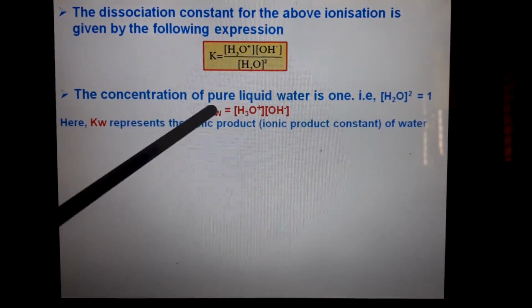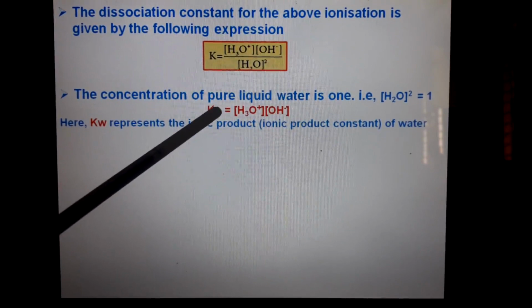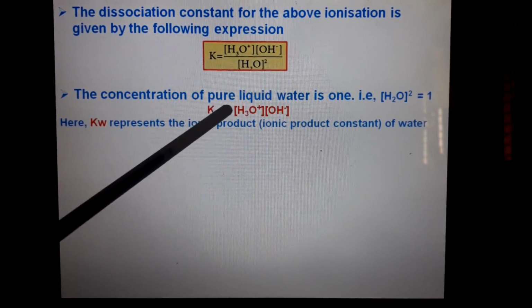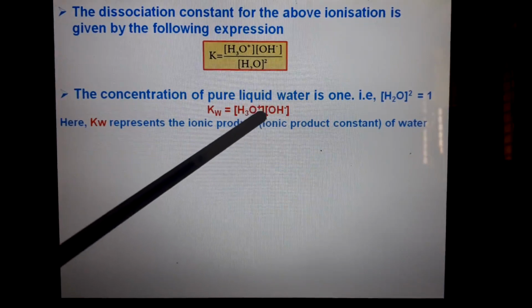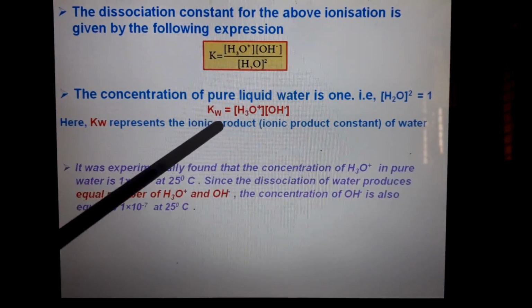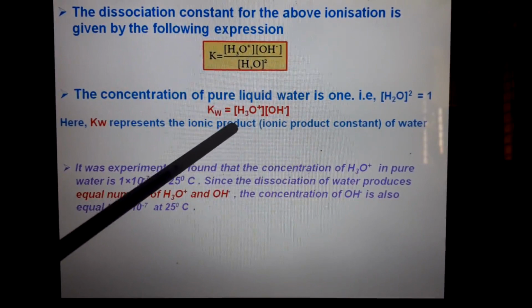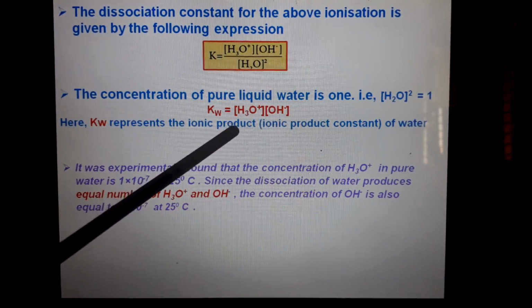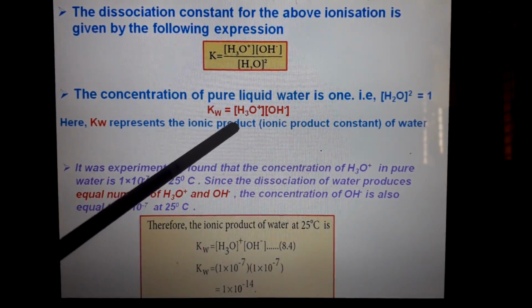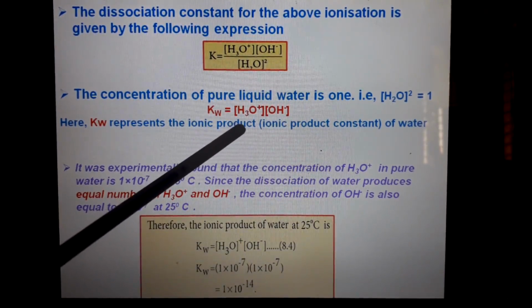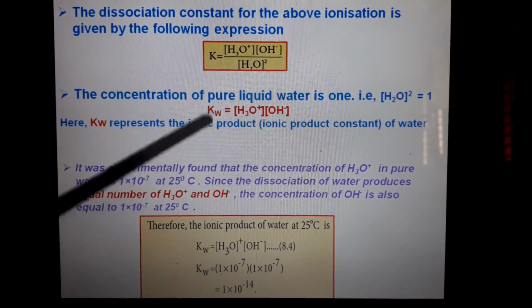So Kw, W meaning water, is equal to H3O plus times OH minus. Kw represents the ionic product constant. This is a concept. What does Kw mean? The ionic product of water. Understand?